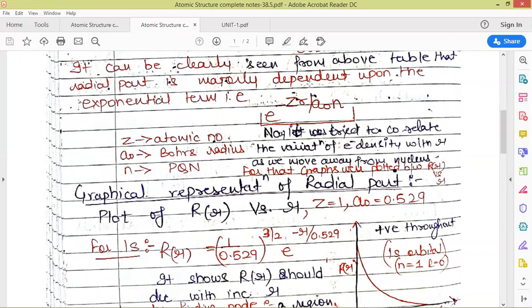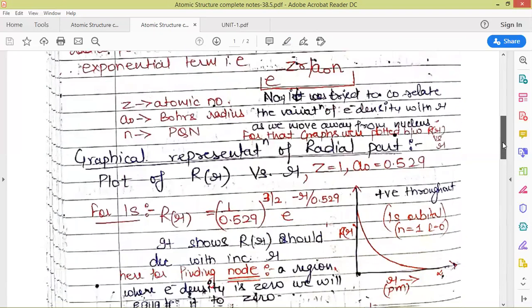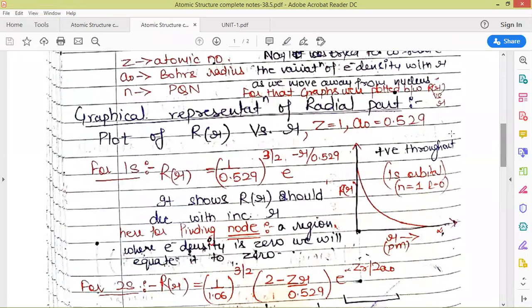So based upon this, now we'll try to relate the radial probability, that means the probability of finding the electron from the nucleus at a distance r, based upon the radial part. So here first, for the 1s orbital, the radial part is this.